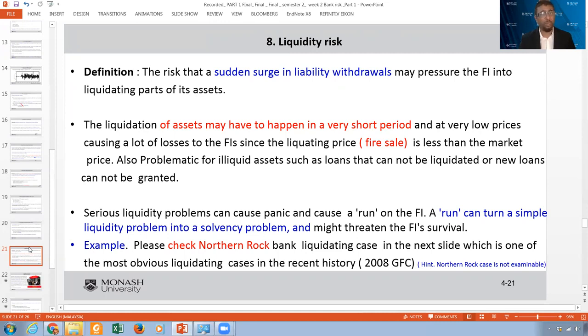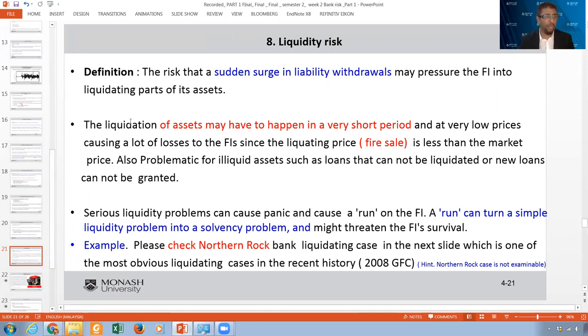So with liquidity risk, everything could be fine and stable, and then there is a sudden surge, an unexpected withdrawal that you cannot deal with, and the news will go everywhere, and you will be in big trouble.